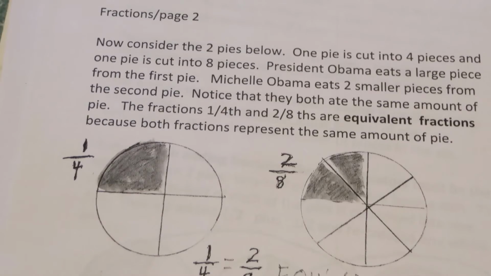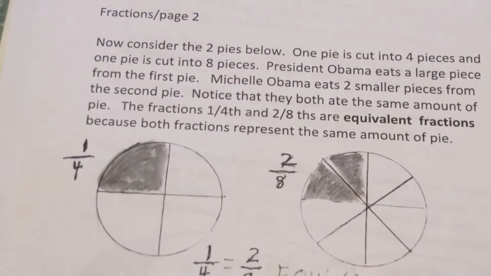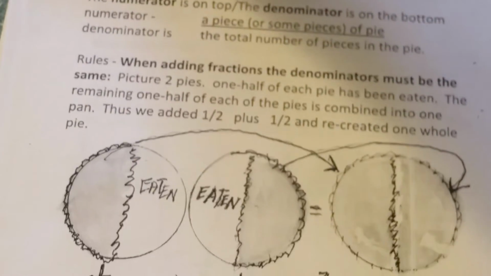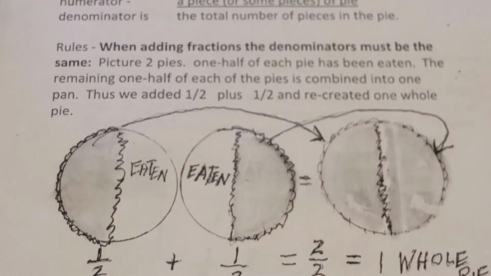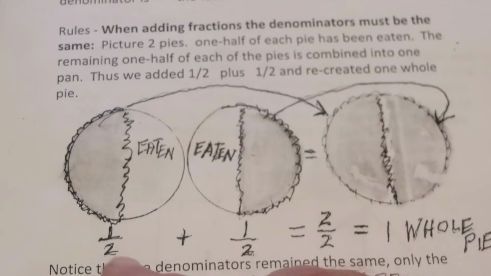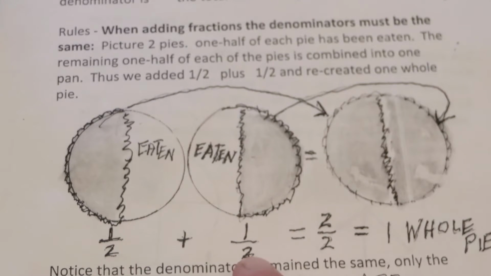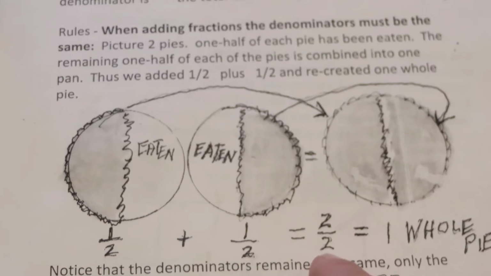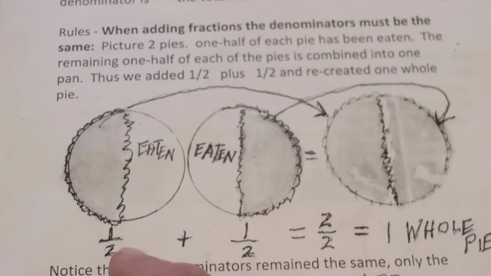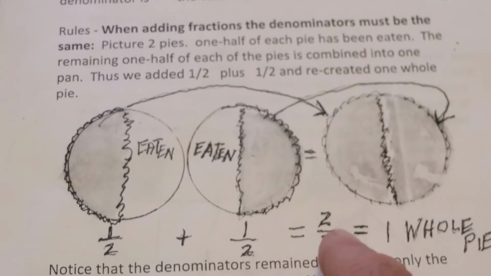Also, remember equivalent fractions, and then also previously we discussed pies, always pies. What I want you to remember is that when we added 1/2 of a pie and 1/2 of a pie, the bottom number, the denominator, did not change, only the top number. 1 plus 1 is 2.